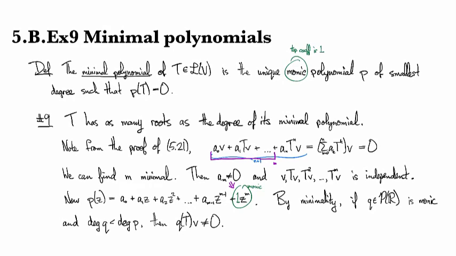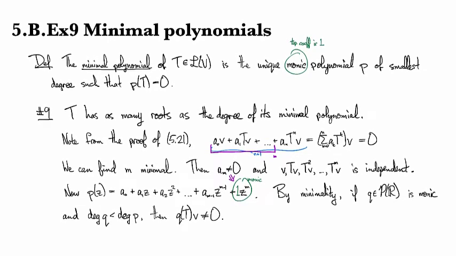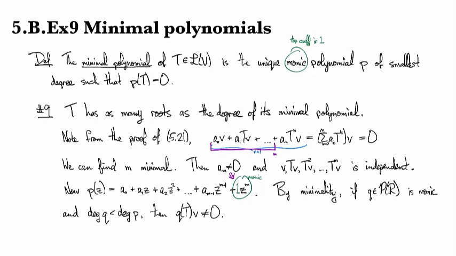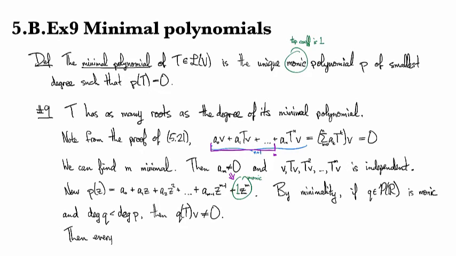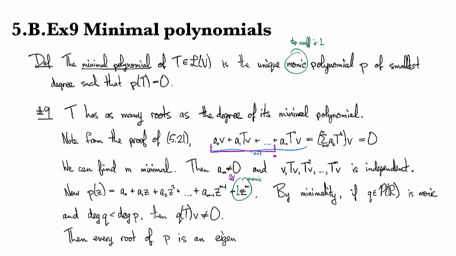Okay, so in other words, there are no monic polynomials of strictly lesser degree that will kill v. Okay, so then every root of p is an eigenvalue.